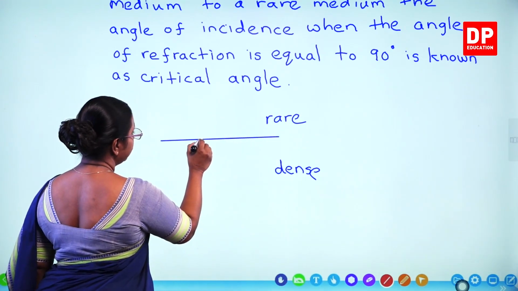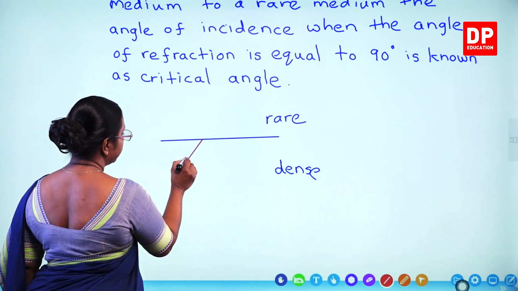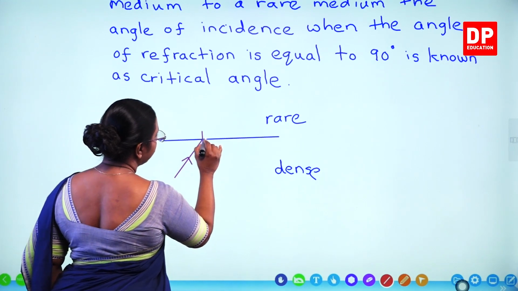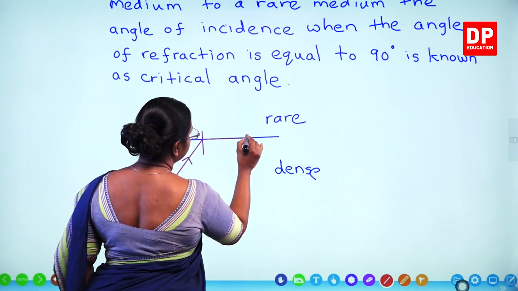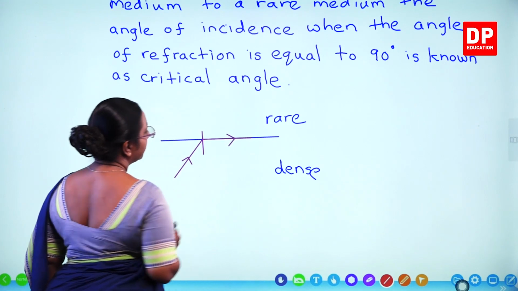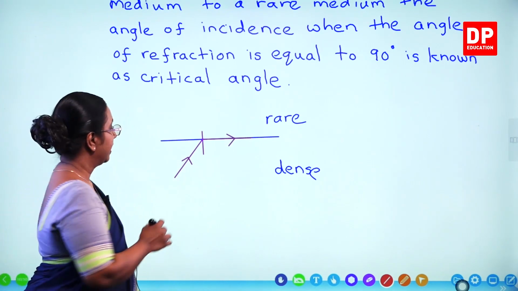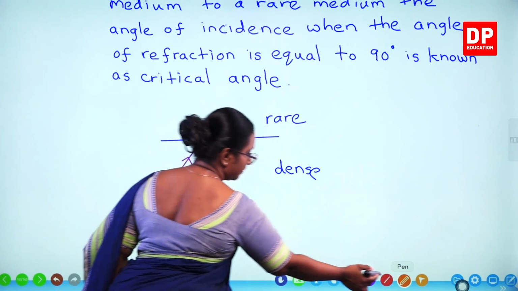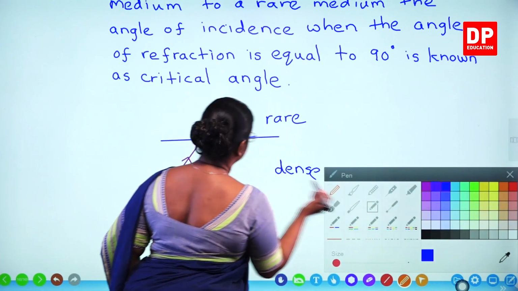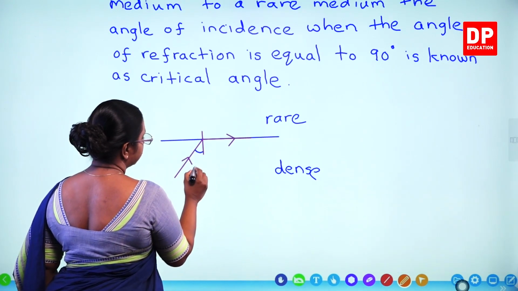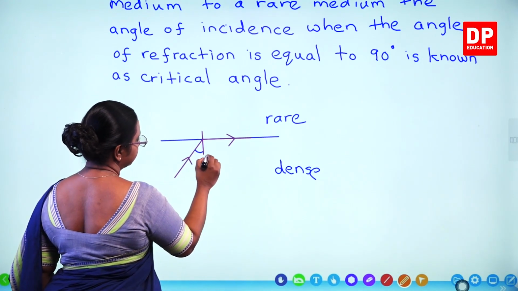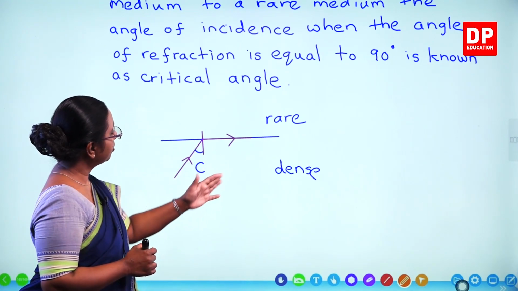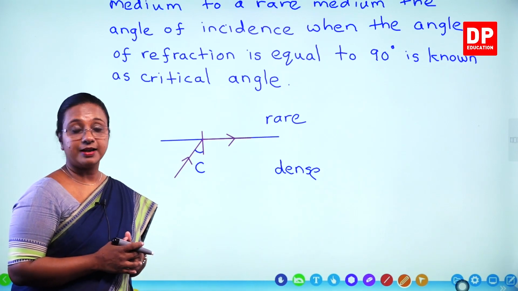Then it is easy. So here we have the incident ray, and at this point we have the normal, and when it reflects, it goes along the interface. And at this point, this is the critical angle. Incident angle is the critical angle. So this is how you show the ray diagram.